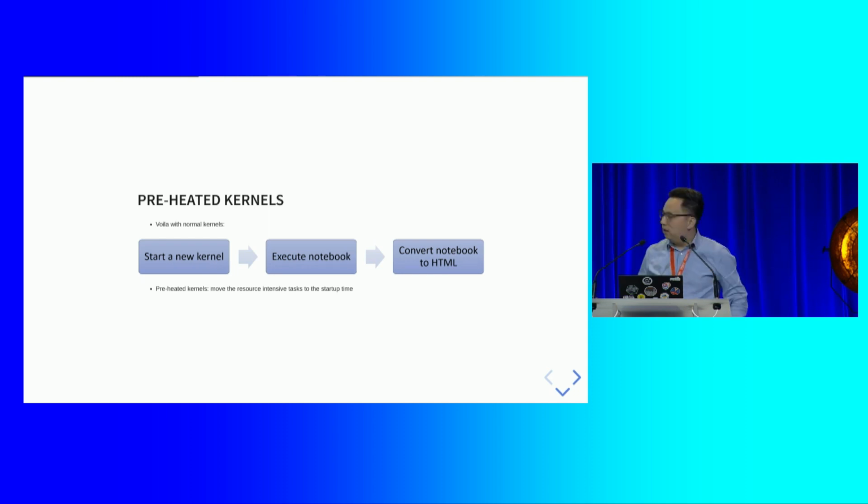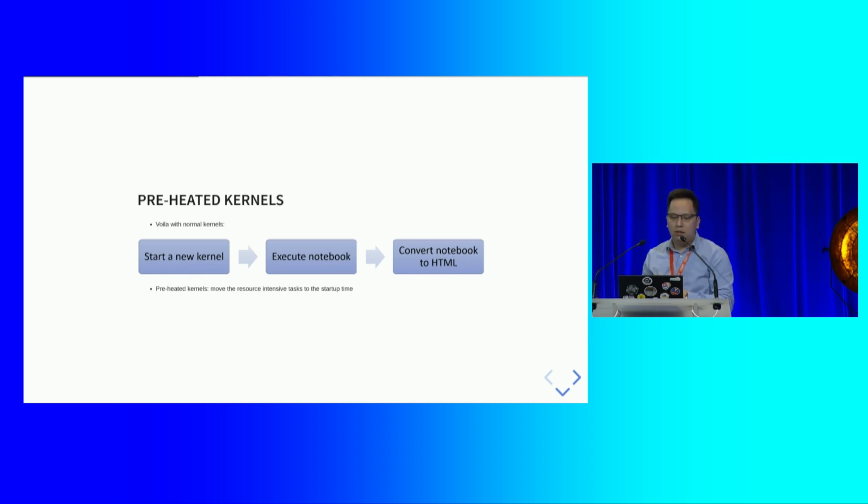Thanks, Matang. I want to talk about a feature of Voila to help dashboard authors reduce the loading time of the dashboard, and it is called the preheated kernel. In normal mode in Voila, when you open the dashboard, what actually happens on the server is that it will start a new kernel. It will execute the notebook inside this kernel, get the output, convert it into HTML, and then send it to the front end.